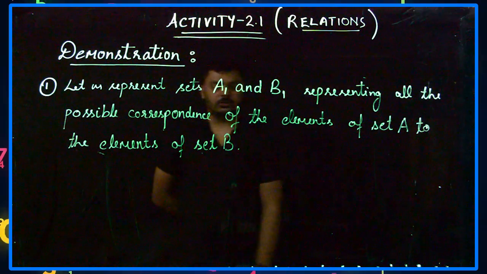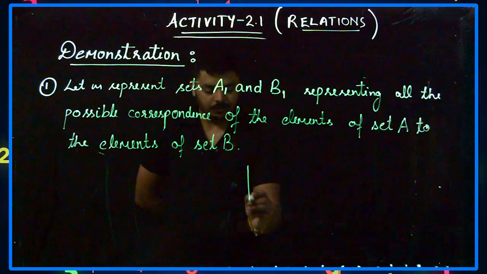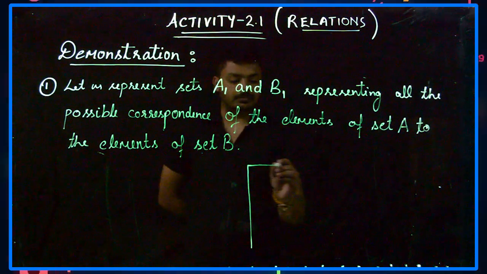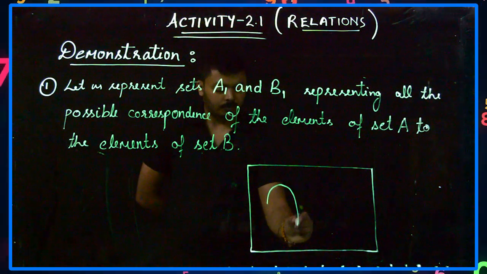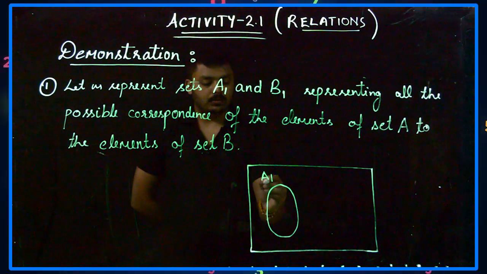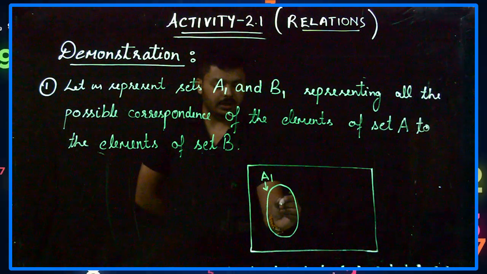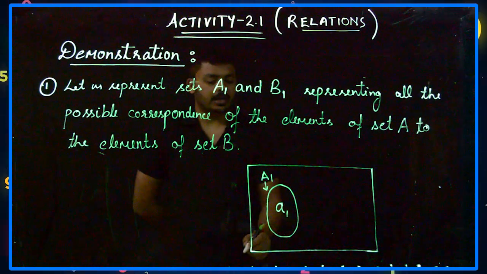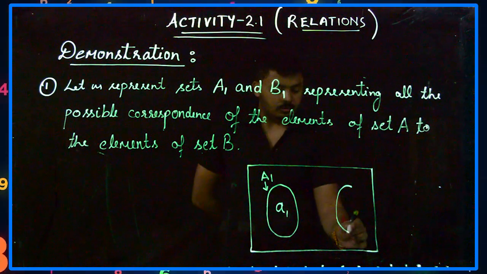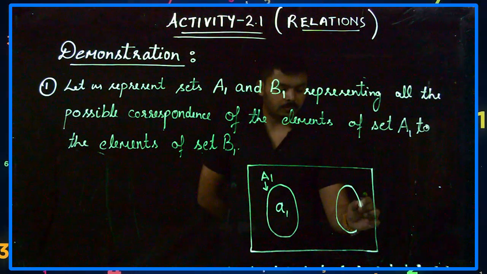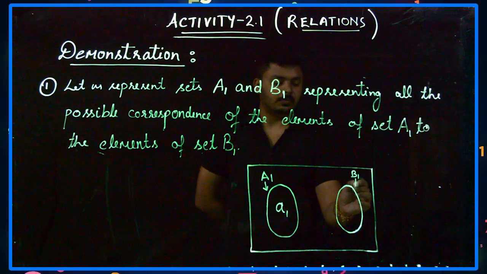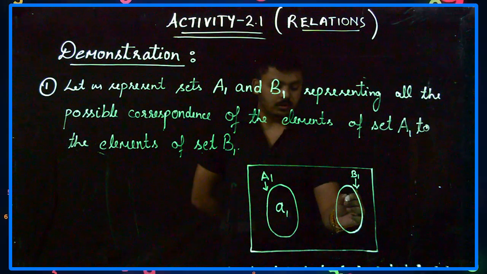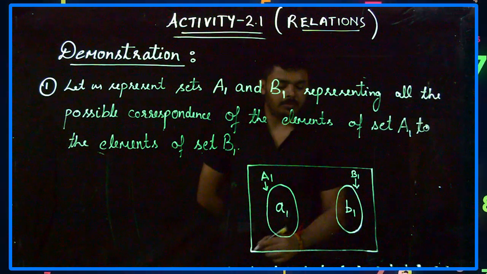Let's represent it visually in the form of a Venn diagram. So this is set A1 containing only one element, that is A1, and this is set B1 containing one element, B1.